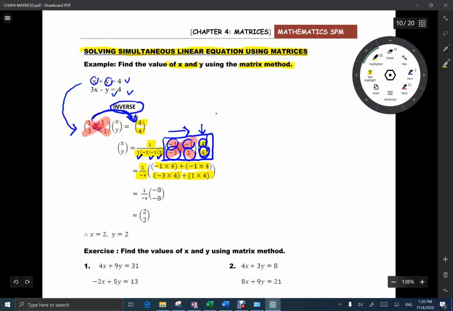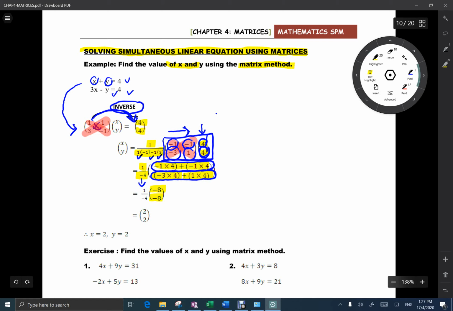Then kita solve je lah. Yang ni tulis balik. Then awak solvekan nilai ni. Just tekan your calculator and then you'll get negative 8. Same goes here. Solvekan juga benda ni. Tekan calculator lah, senang. Then akan dapat negative 8.